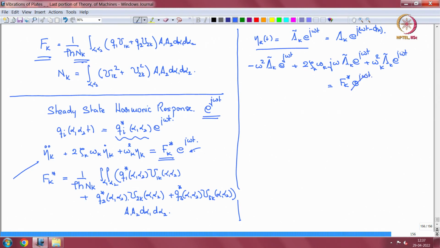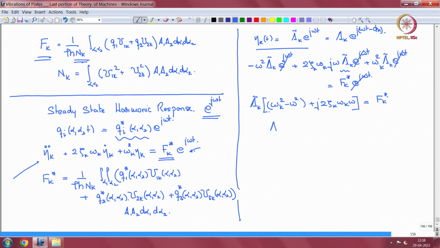E to the power j omega t goes, and then gamma k tilde is common, and I get (omega k squared minus omega squared plus j twice zeta k omega k omega) is equal to F_k star.